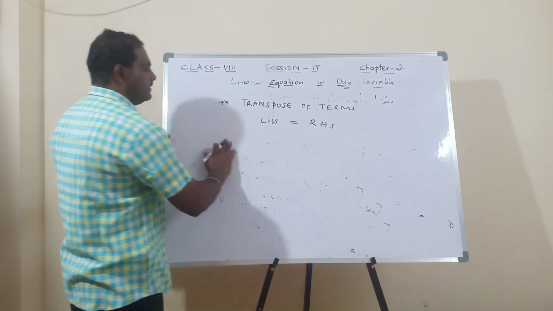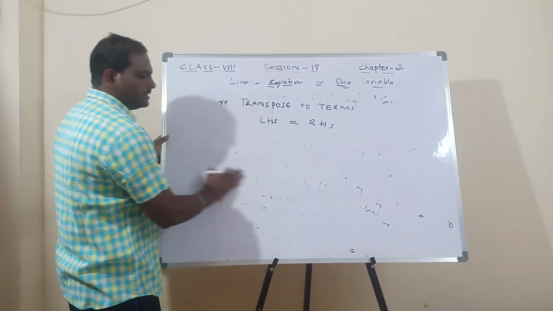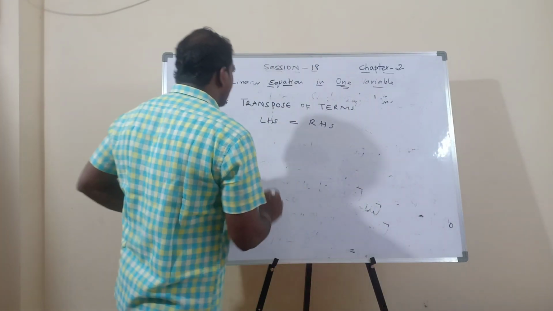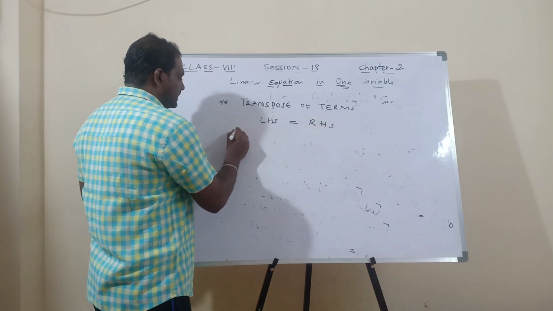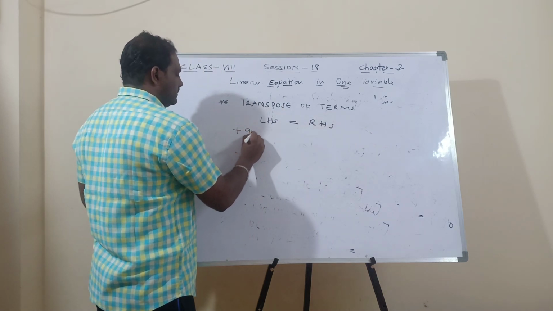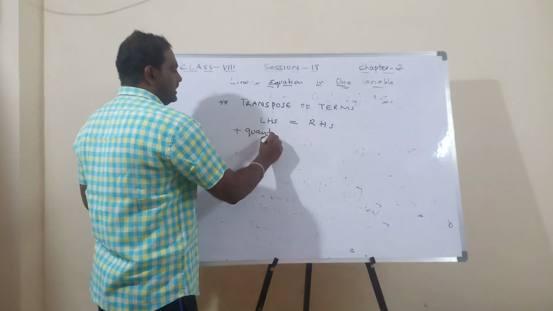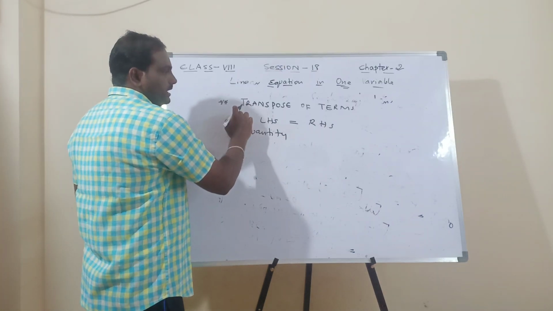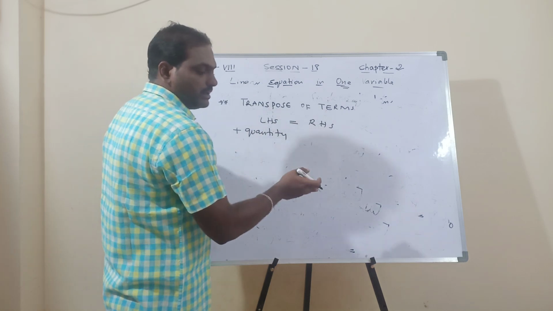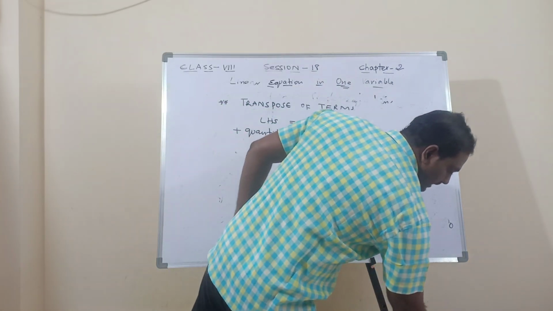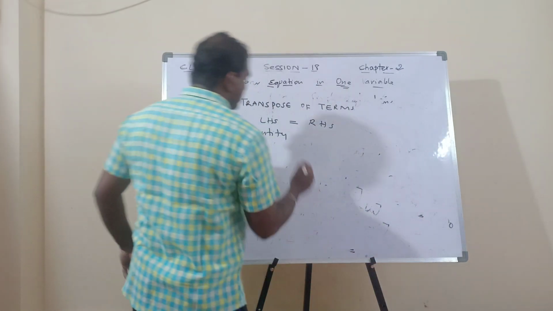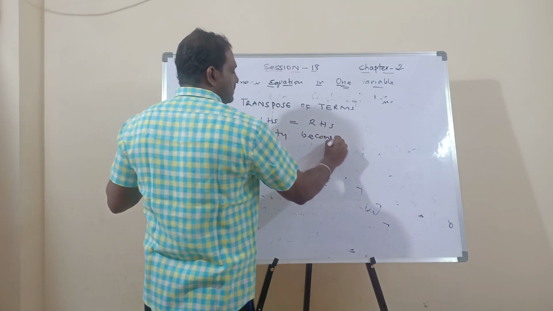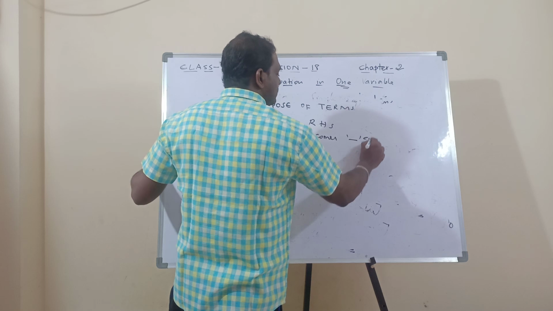In this case, we have to go for some basics. The basics are given in your textbook. Suppose a plus quantity is transposed from the left hand side to the right hand side, or from the right hand side to the left hand side, it becomes a minus quantity.